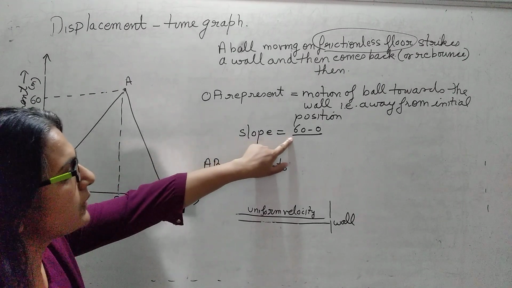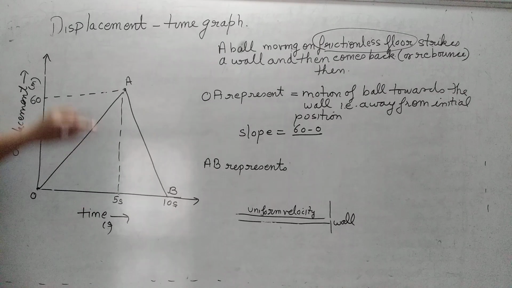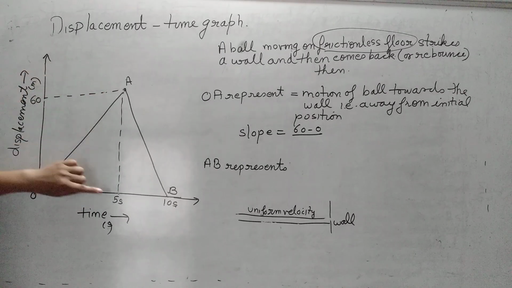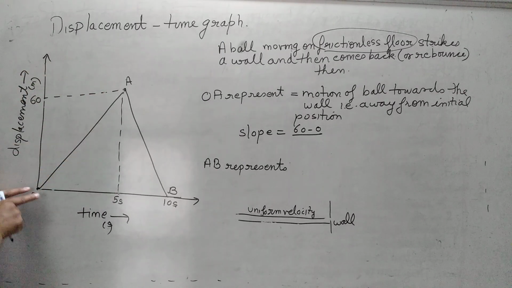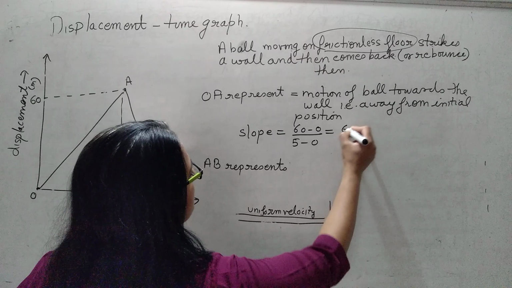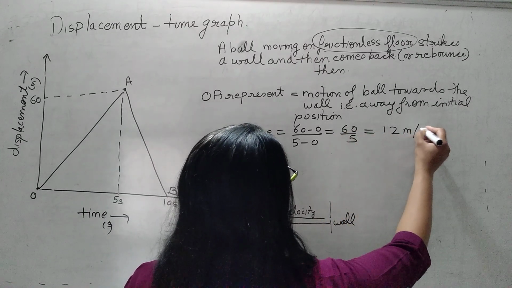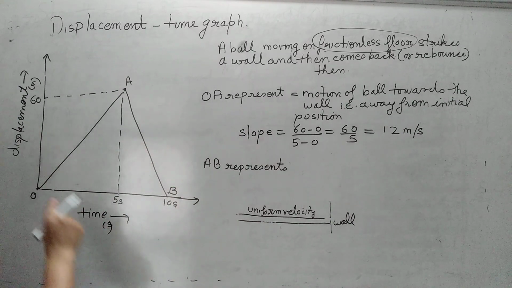Whenever we are taking the values, they are always final minus initial. Final is 60 meter, initial is 0 meter. Time always increases, so we will write time as 5 minus 0. So 60 by 5, the slope comes out to be 12 meter per second. That means it is moving with a velocity of 12.